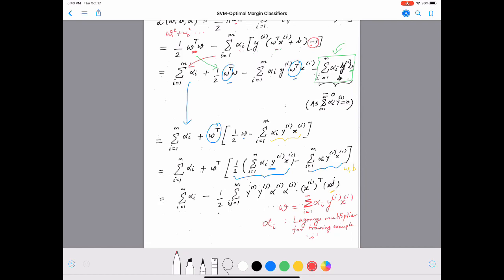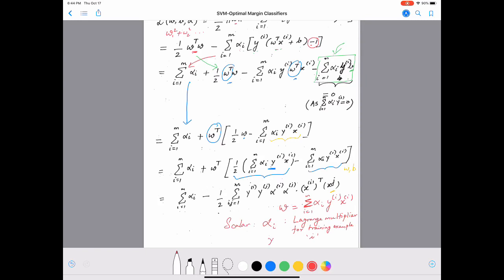So it is the coefficient of the constraint corresponding to the ith training example. Now alpha i is a scalar, right? Alpha i is just one value, so it's a scalar.